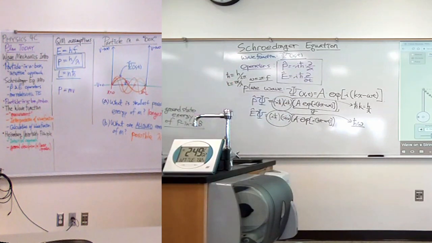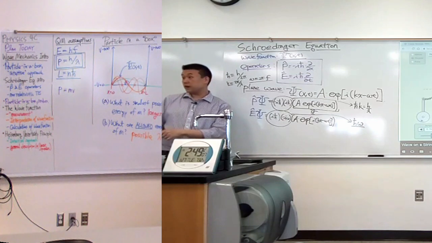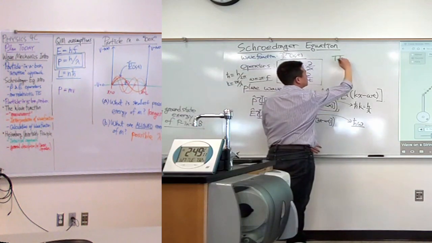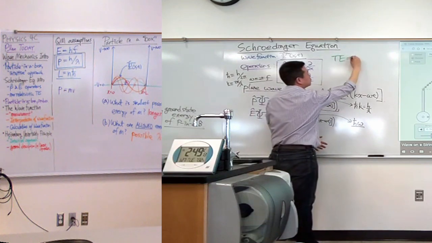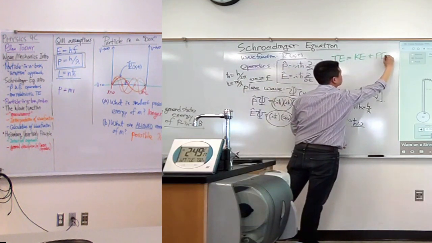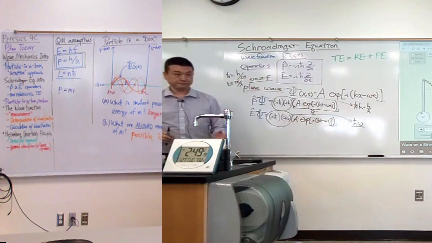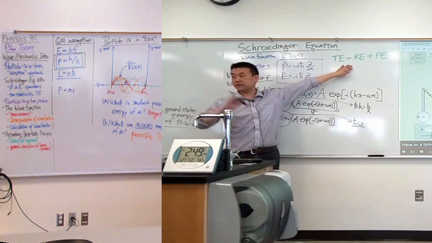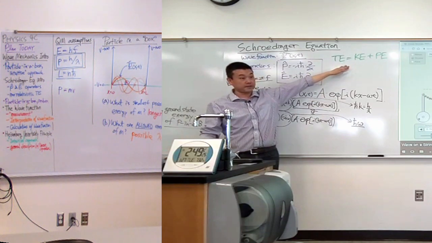One relationship that he knew had to be correct was the expression for energy. So he knew that total mechanical energy is equal to kinetic energy plus potential energy, right? So at least that has to be somehow true, even in this new brave world of quantum mechanics.